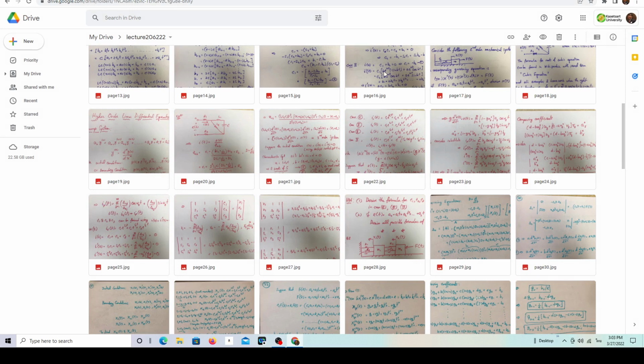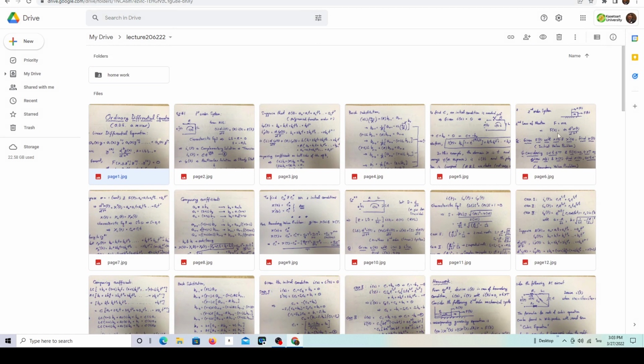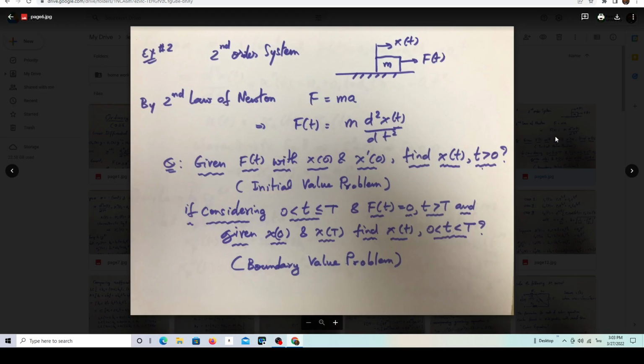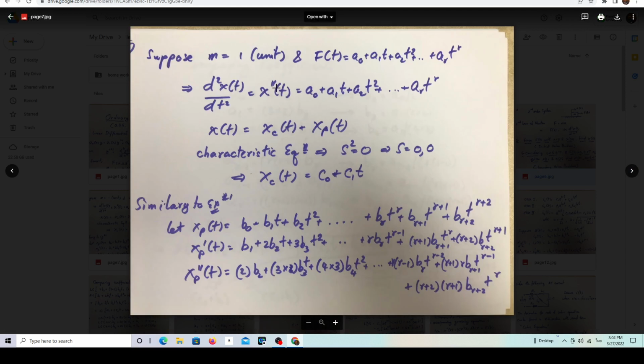But in this one, since m is equal to 1, I have to move this to the right hand side. The right hand side becomes the force function, which we assume to be a polynomial function of order r.